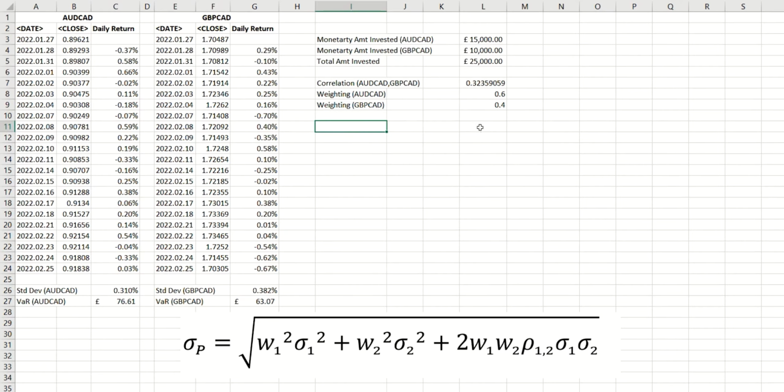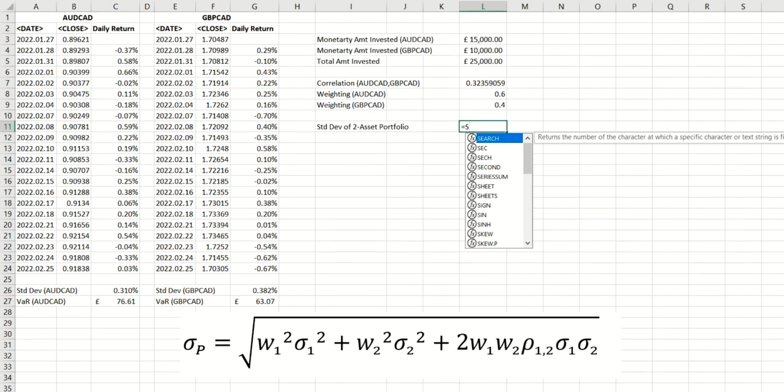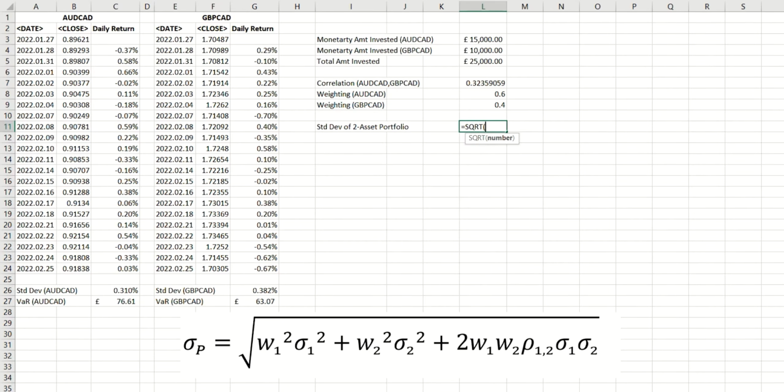So let's go ahead and do that. You'll notice that the entire calculation is within a square root. So we're going to start off with the square root function here. And then we have weight 1 squared. So for weight 1, we'll use the Aussie CAD weighting.